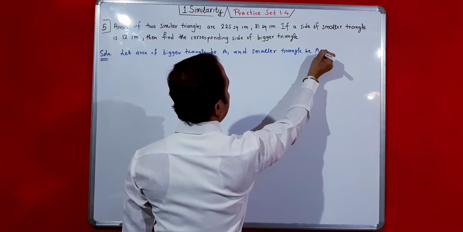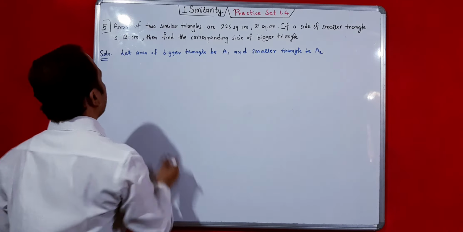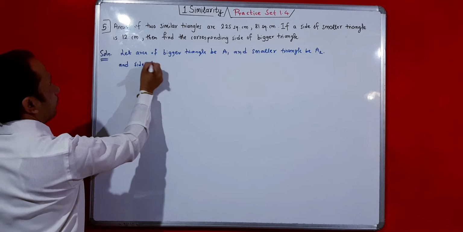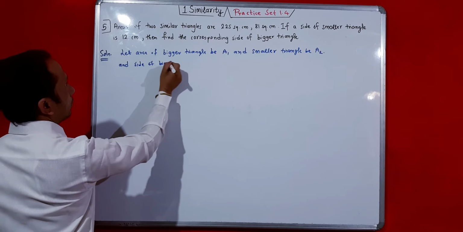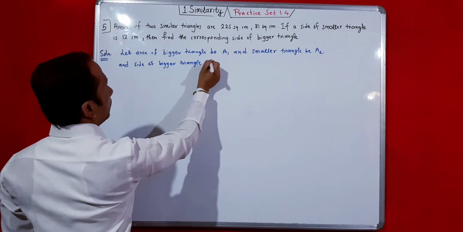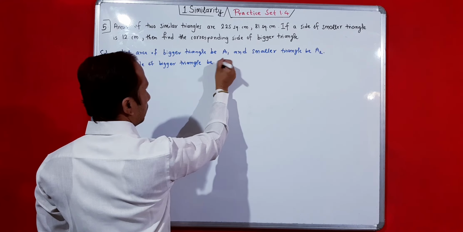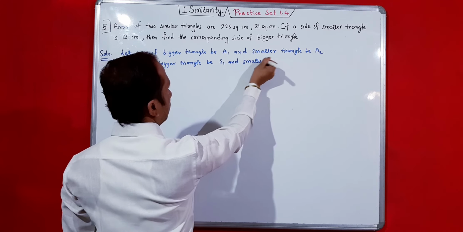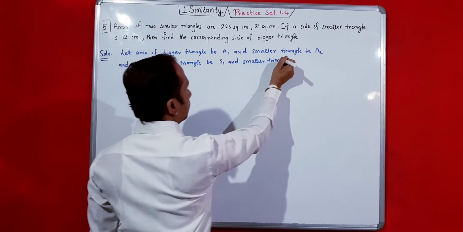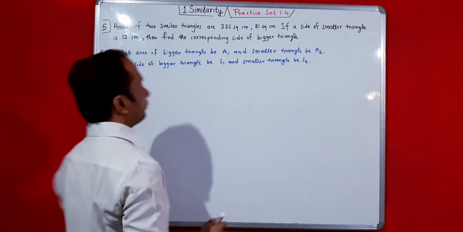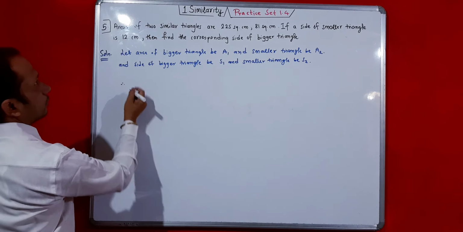And let the side of the bigger triangle be S1 and the smaller triangle be S2.